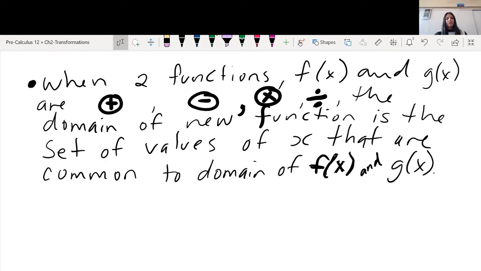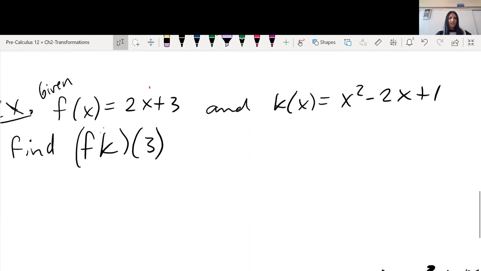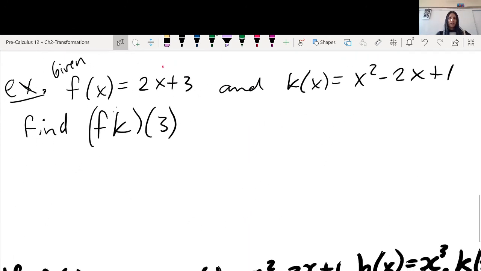So, all this is saying is when you are bringing two different functions together, you need to consider what the new domain is going to be. You have to look at the original functions in order to consider the end result. So let's take a look at how this could possibly show up.